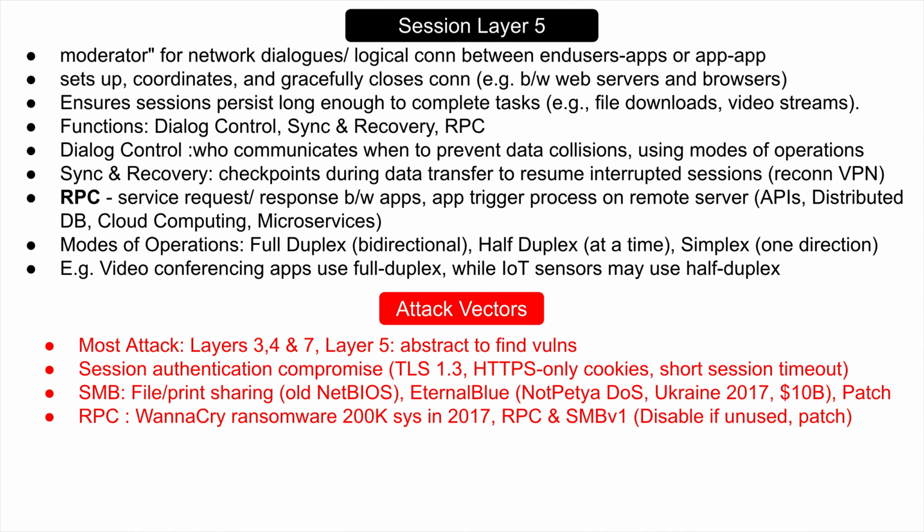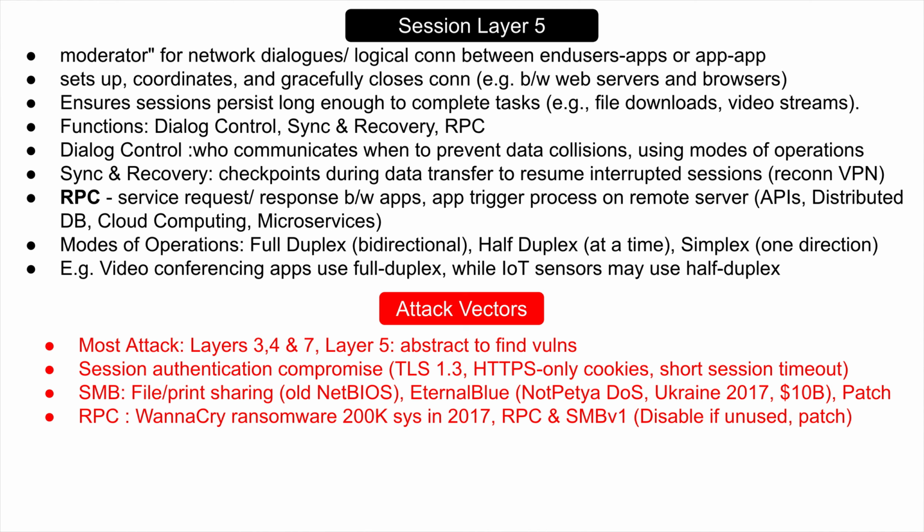Now this is a remote procedure call, and there is also a ransomware attack known as WannaCry, which happened in 2017, mostly in the UK, and it affected 200,000 systems globally in 150 countries.